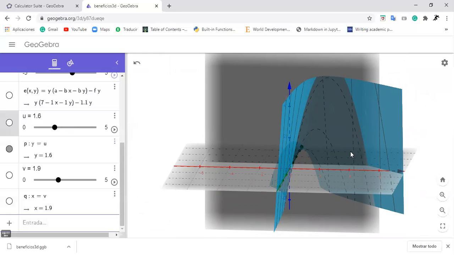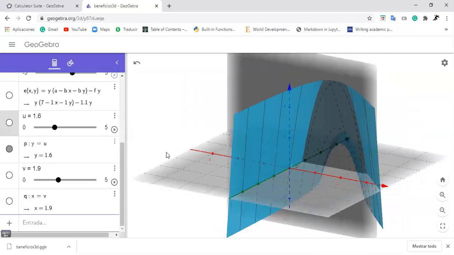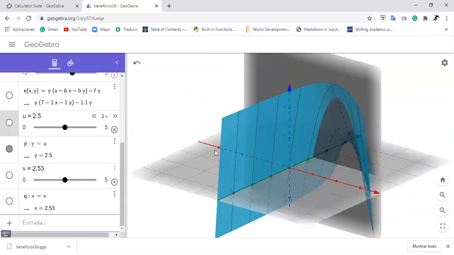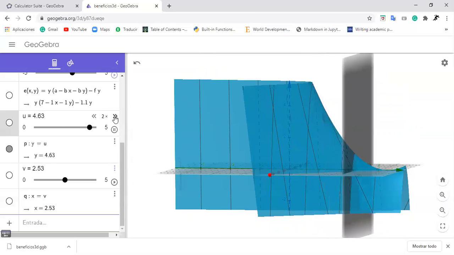And firm number 1 is now maximizing the parabola maybe at this level, which is maybe 2.5, maybe 3, something like that. And so what we have here is that firm number 1 is going to maximize the profit at different levels depending on the amount fixed by the other firm, okay? So we have this situation.